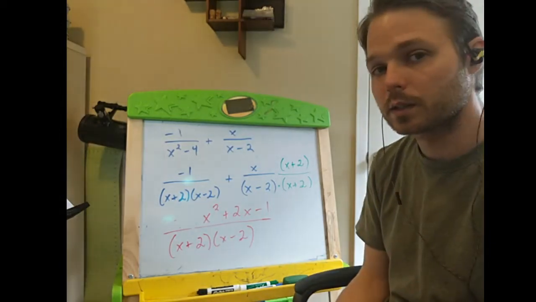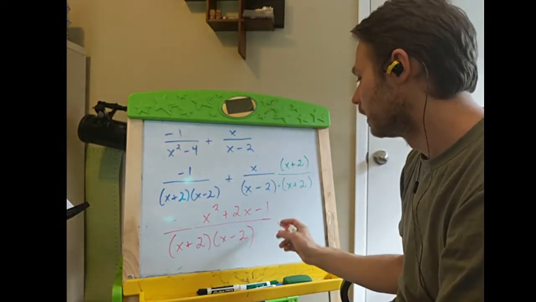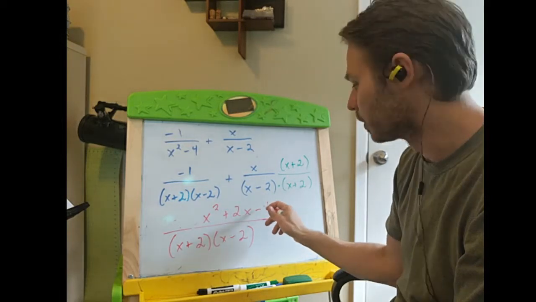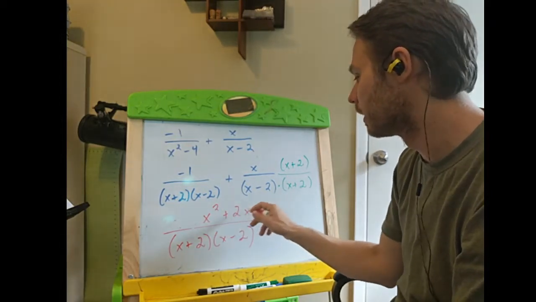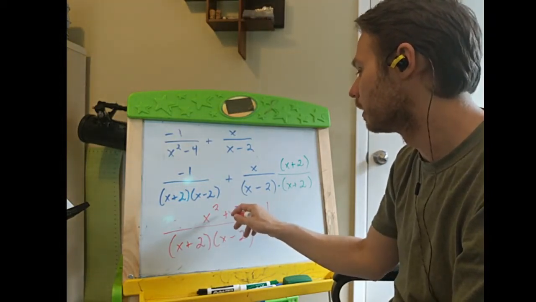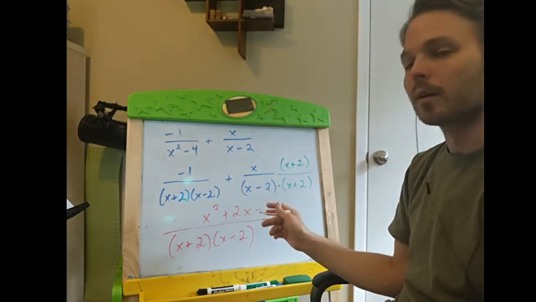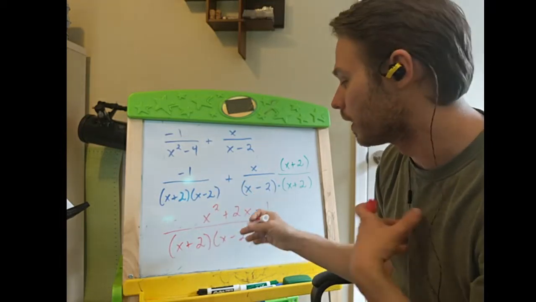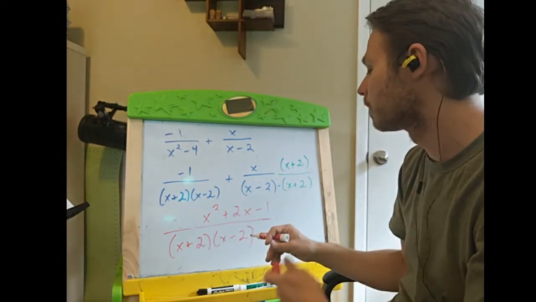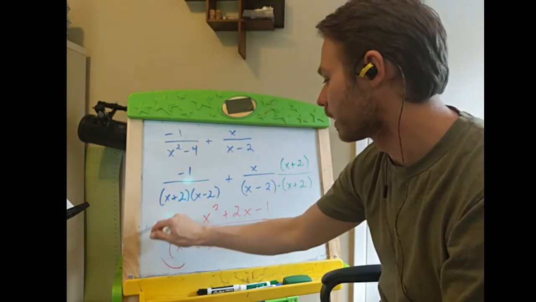So actually that is not going to be factorable. If it was a positive 1, then that would be okay. That would make this factorable, but the only way to get -1 is to do 1 times -1, and that doesn't give me a 2x when I add them together. So this is actually done.